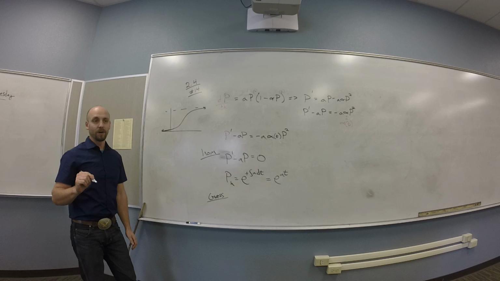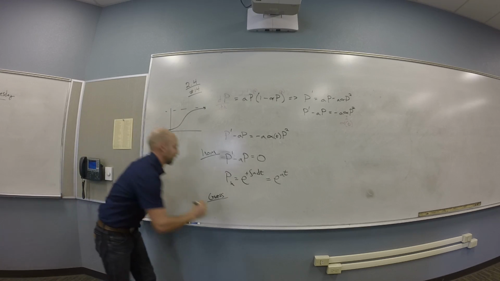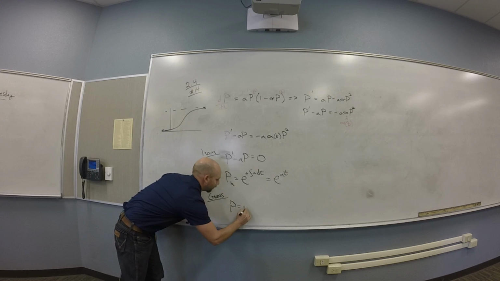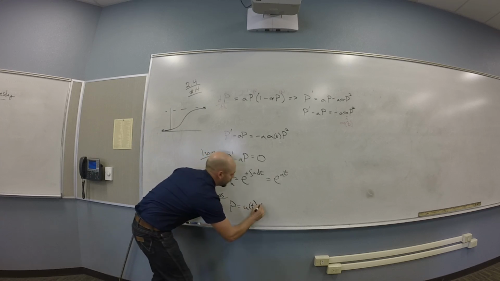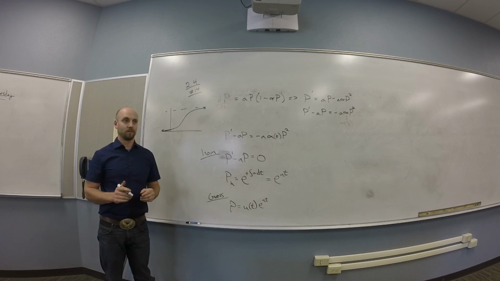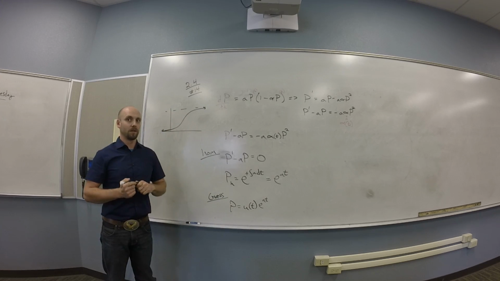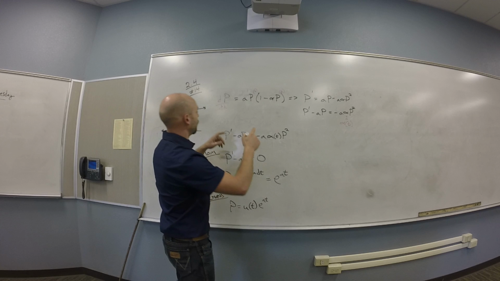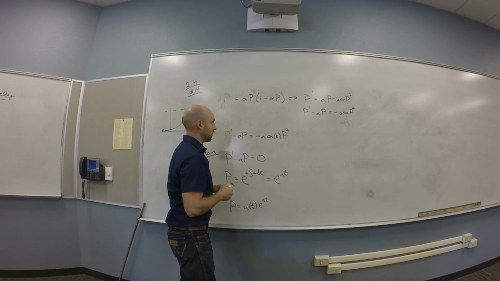So translated into the variables I'm working with, I should be guessing p equals u of t times ph, so p equals some u of t e to the at. You guys down with that?